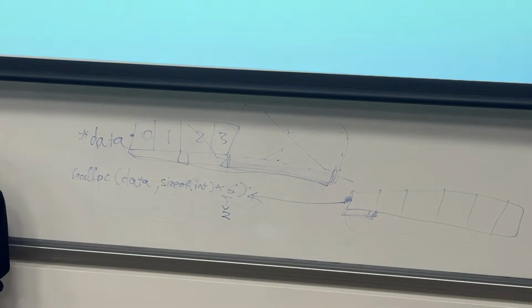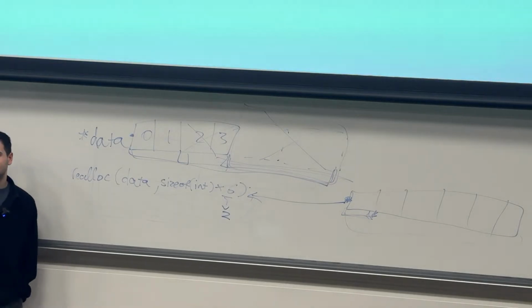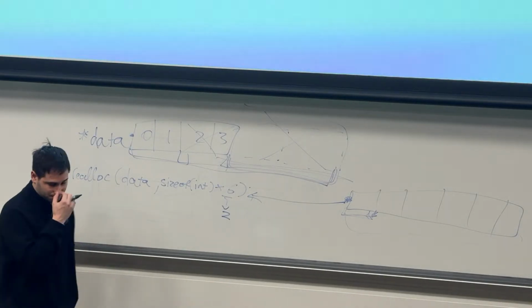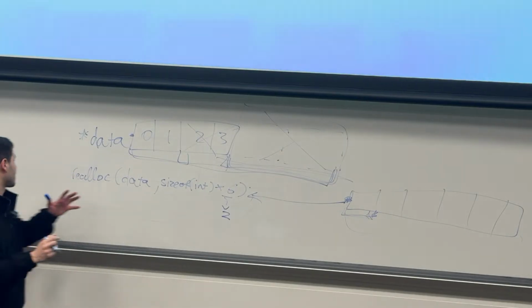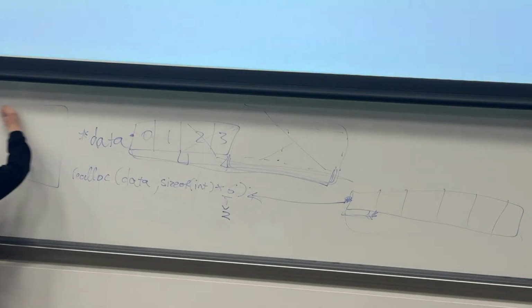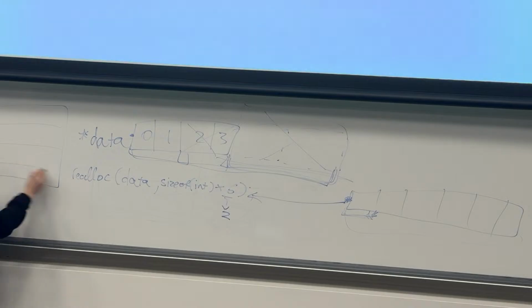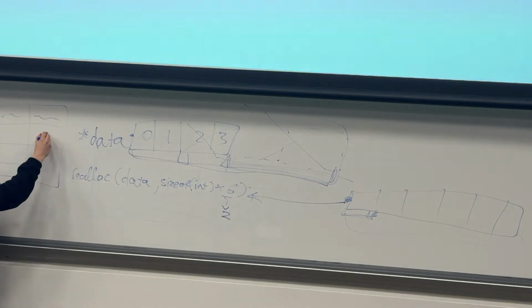It might reshuffle it. Let's imagine you've got this really memory constrained puzzle, and there's data here, there's data here, this is free, there's data here, there's data here, and then this is all free. And let's say there was data here and this was free. And then the user reallocs this.